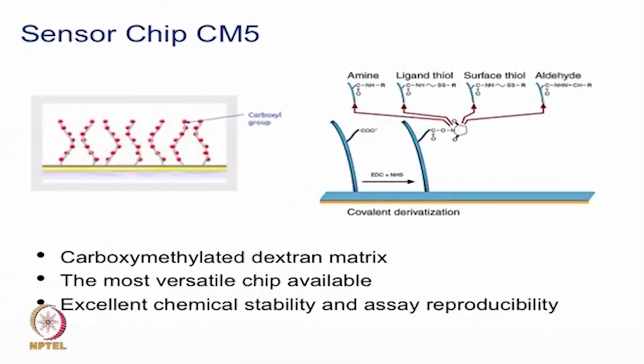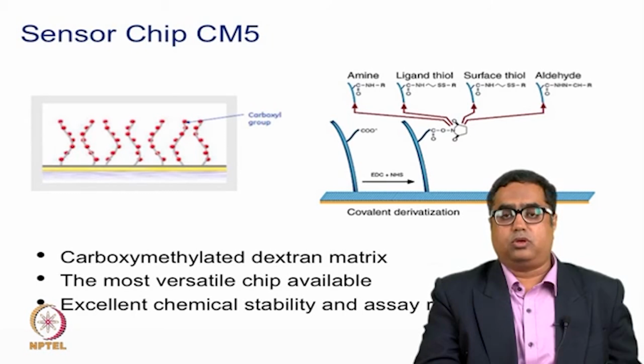To start with, the first chip, and the universally accepted, most used chip, is the sensor chip CM5. CM stands for carboxymethyl, and 5 is a certain number which shows the amount of branching. If you look at this particular slide, the gold has a glue.